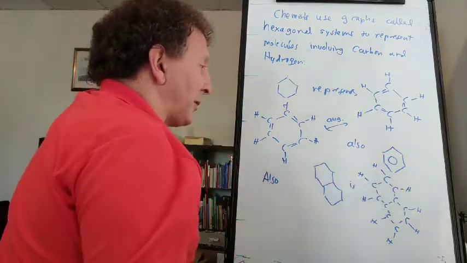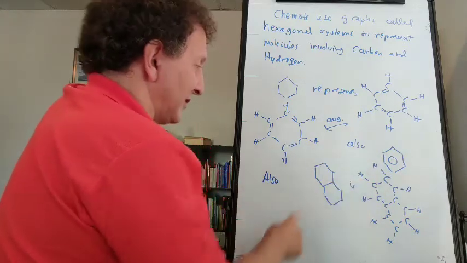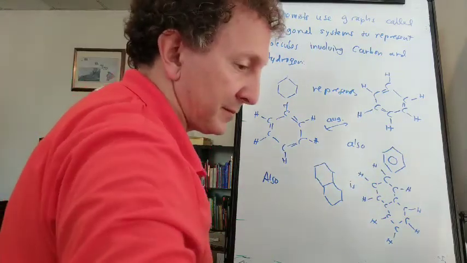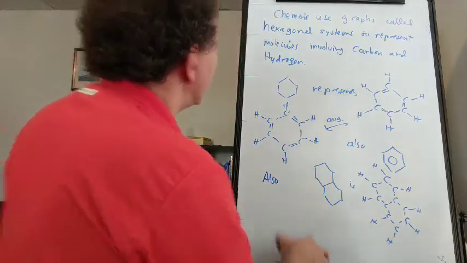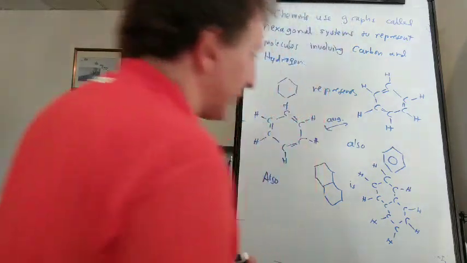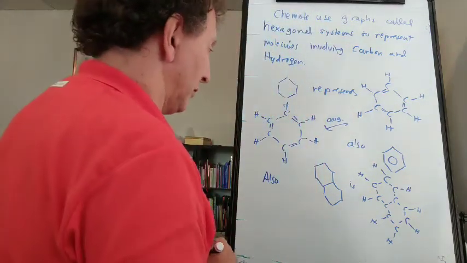So, well, it's cumbersome to draw all these C's and H's and edges, so chemists usually just draw the hexagonal system. Now the molecule that we get is called a benzenoid hydrocarbon molecule.